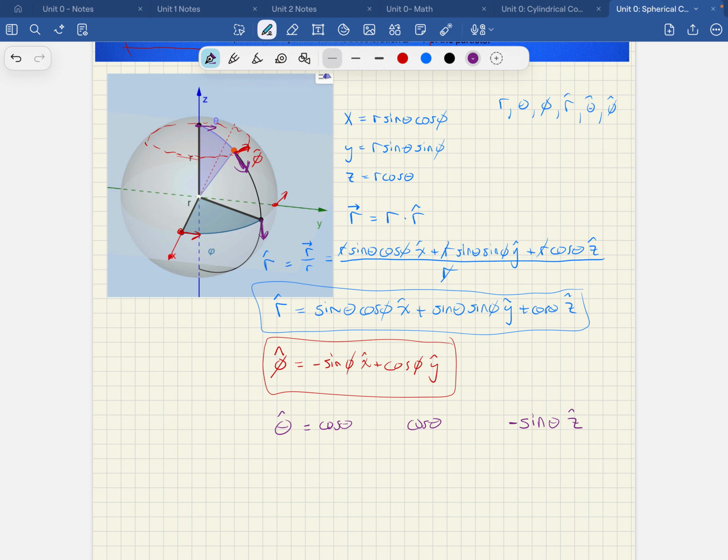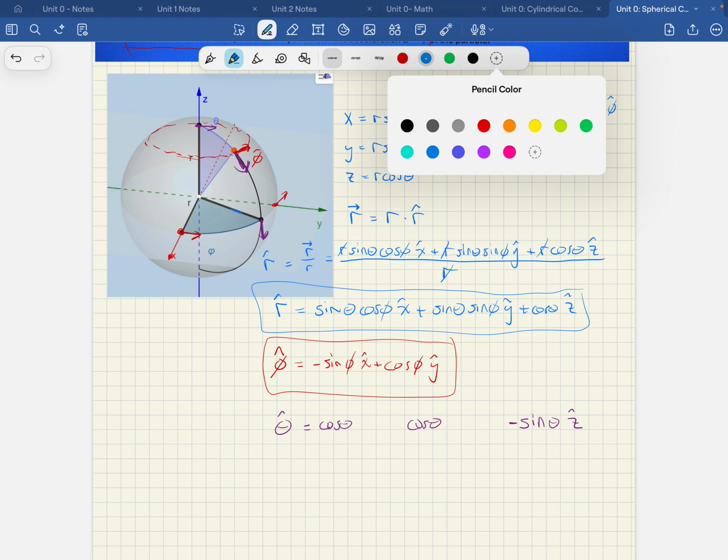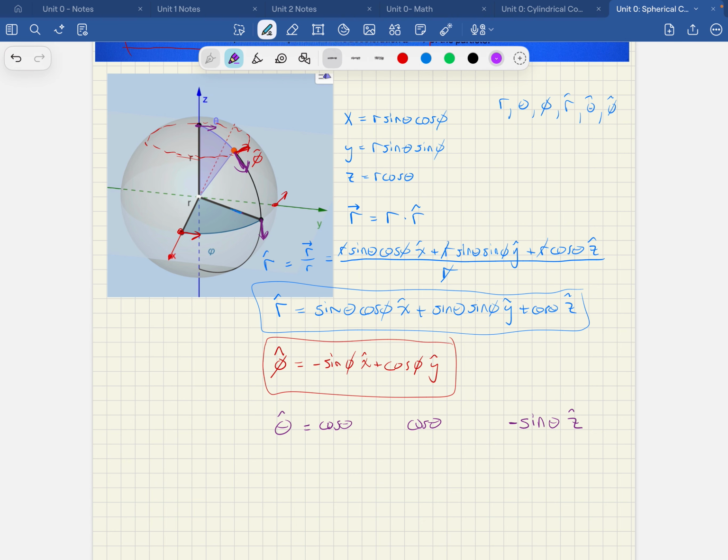Okay, so if I project this down onto the line below it, where did my purple go? Oh, I see.